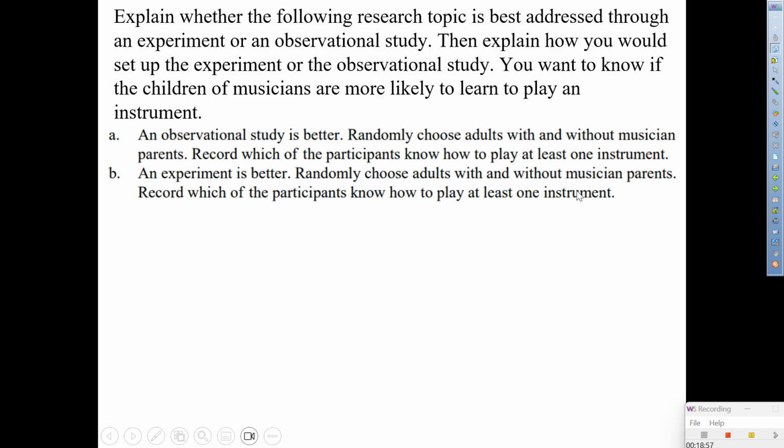One more, here we go. You want to know if children of musicians are more likely to learn to play an instrument. Tell your neighbor if, when you gather data, that's observational or experimental.